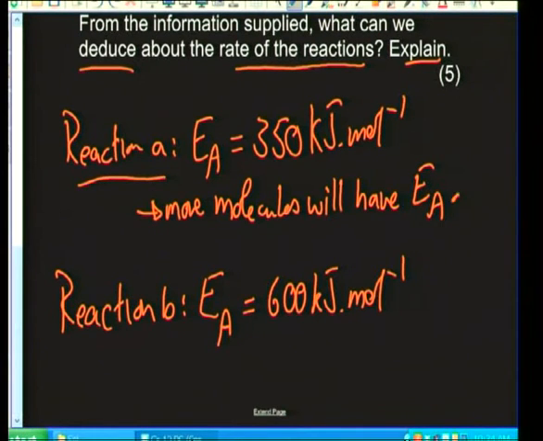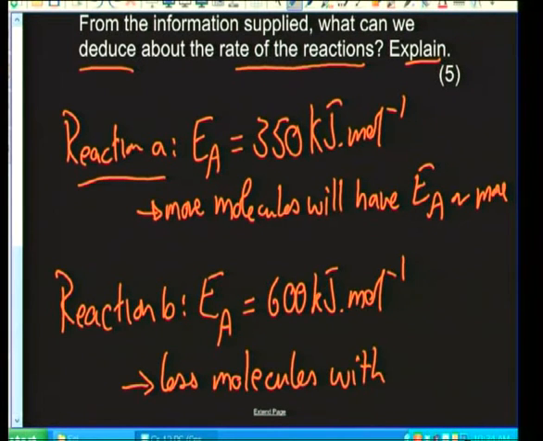Than in here, we'll have fewer molecules with the activation energy or more. As long as a molecule has the activation energy, it can combine with another molecule and form a product.